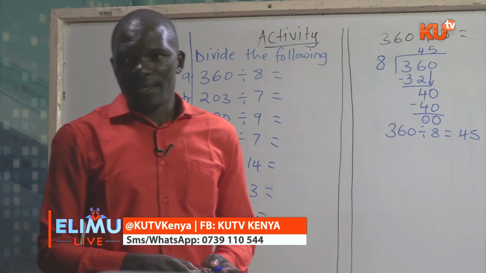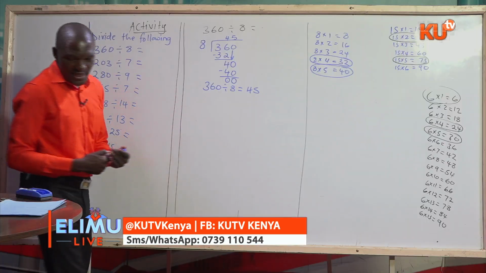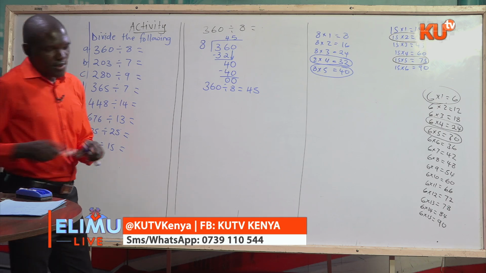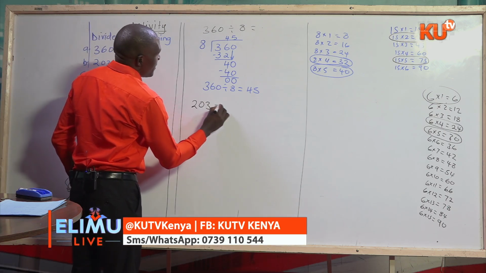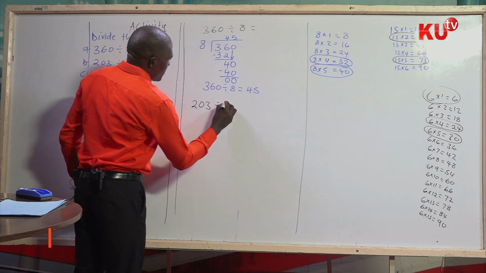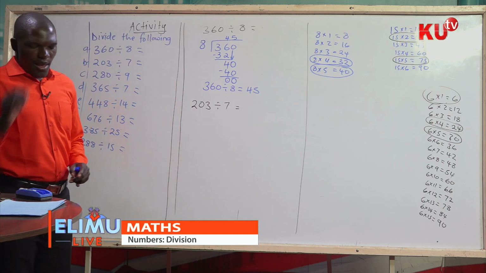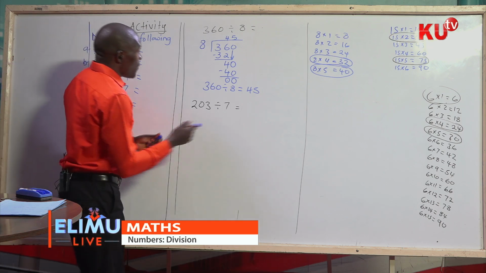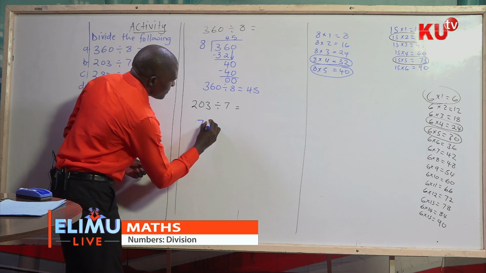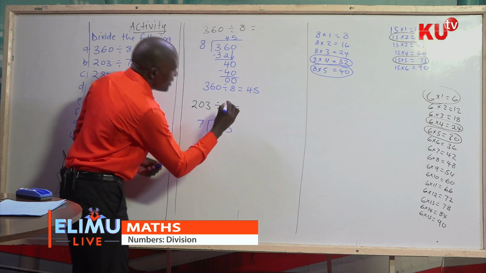Our next is 203 divided by 7. As our routine, we look at 7, 203.